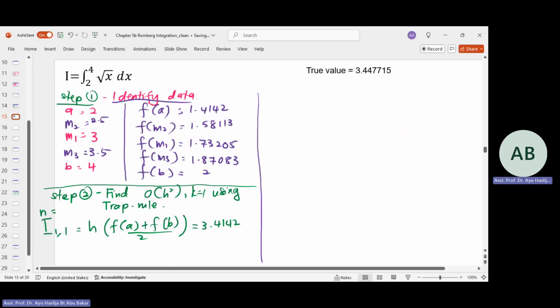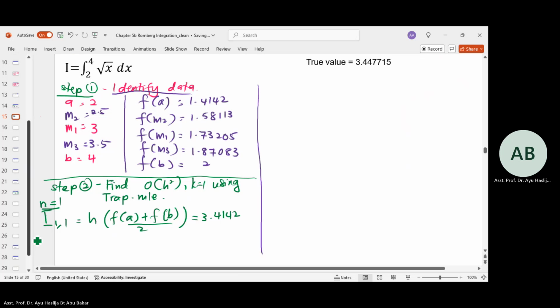And this is n equals 1. Next, for n equals 2, which is I21.